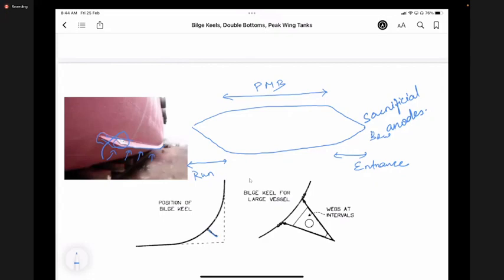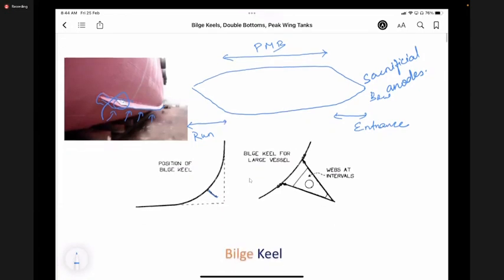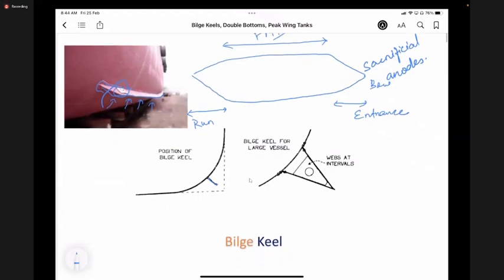So that is the reason we do not extend it over the length of the ship, and we mostly limit it to the parallel middle body of the ship. The rest of the things are answered already.